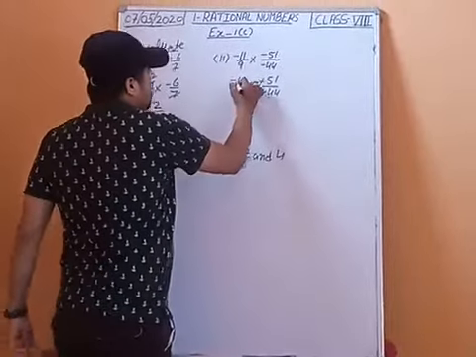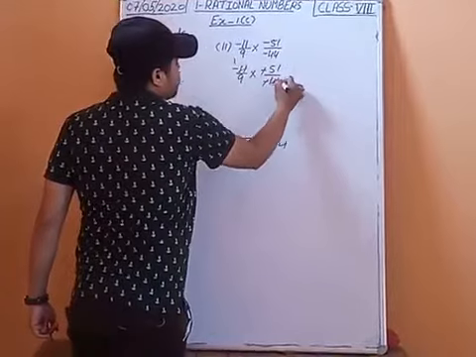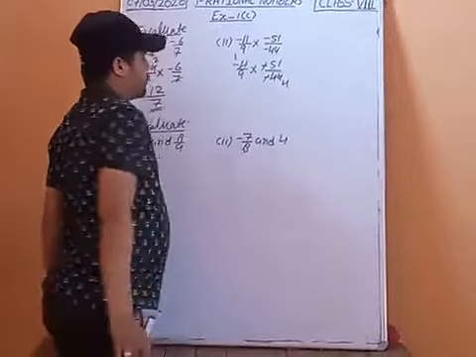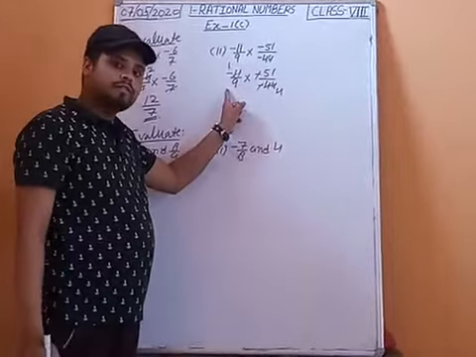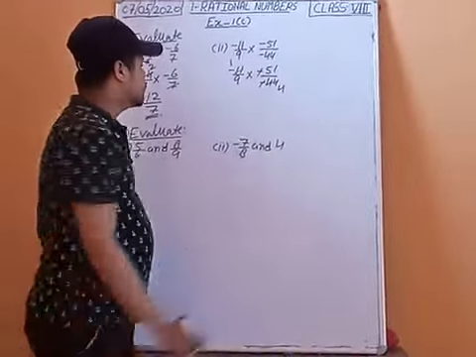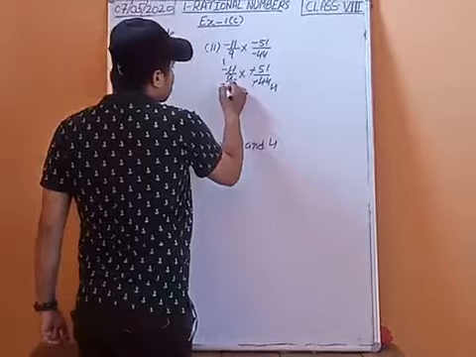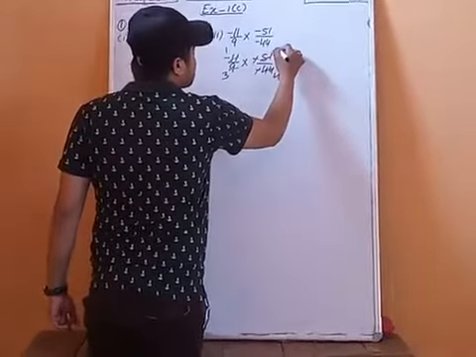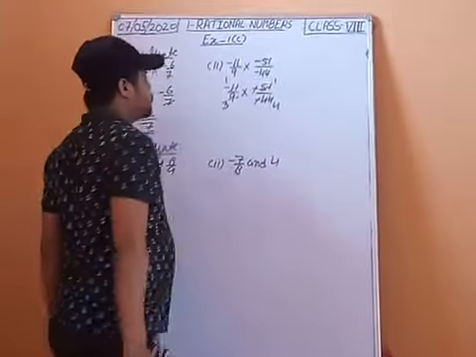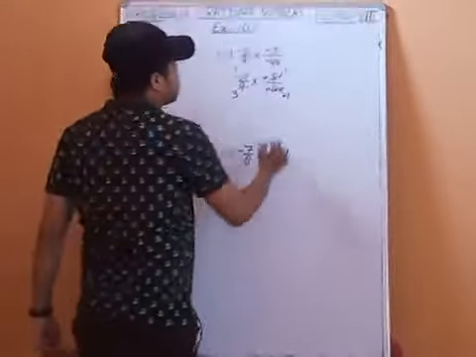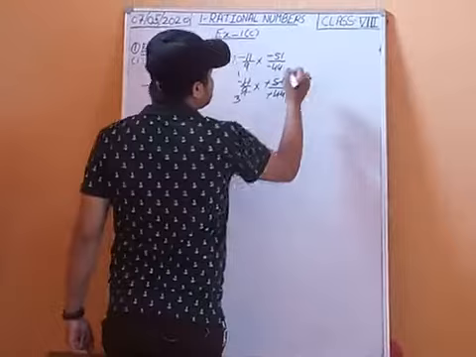So 11 1 is 11, 11 4s are 44. Any other number? Yes. By 3, 9 is divisible and 51 is also divisible. So 3 3s are 9, 3 1 is 3, and 3 7s are 21.